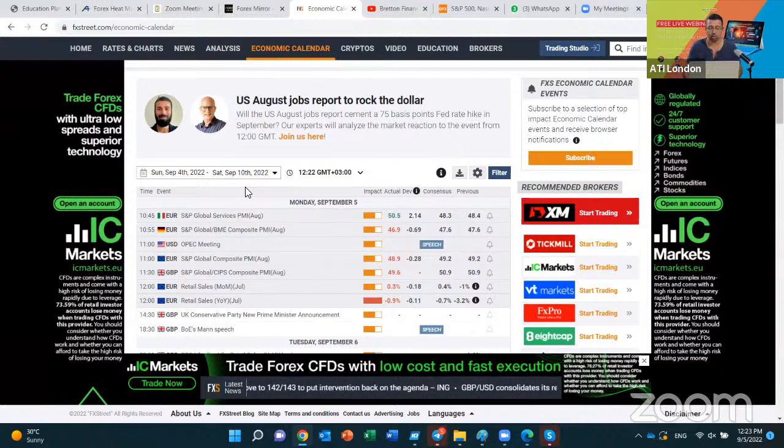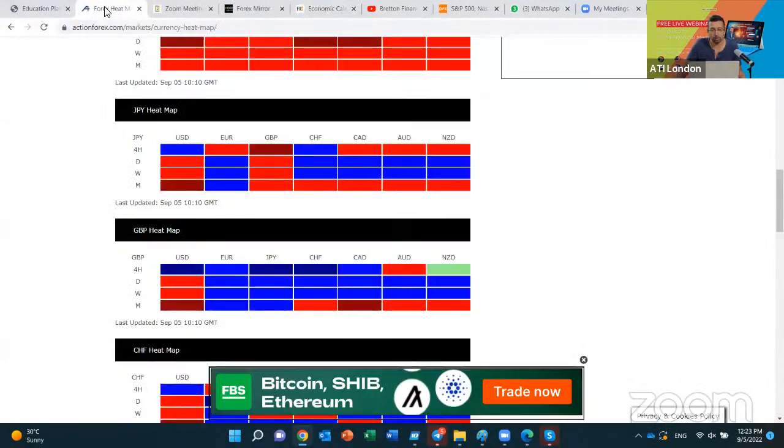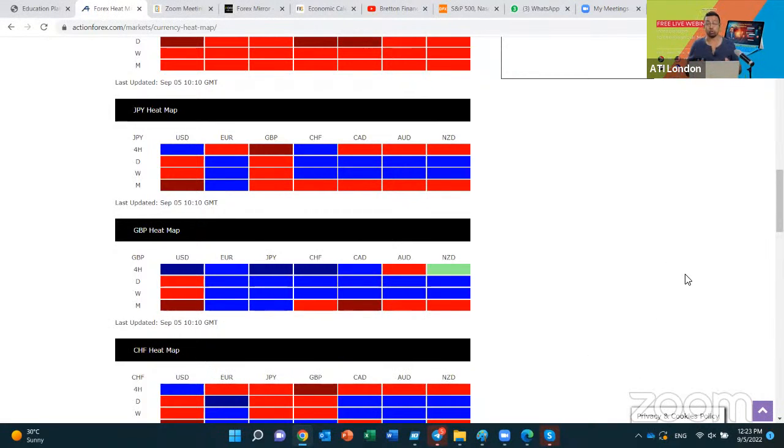So these are just some of the brief ingredients that I can share with you on the fundamental side of it. Now on the other side, using tools, for example, they are available on Action Forex, but very soon they will be made fully available on your Ten Academy's dashboard.